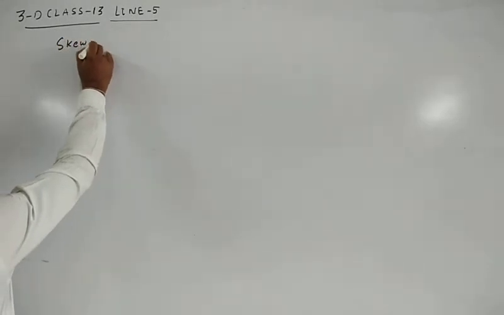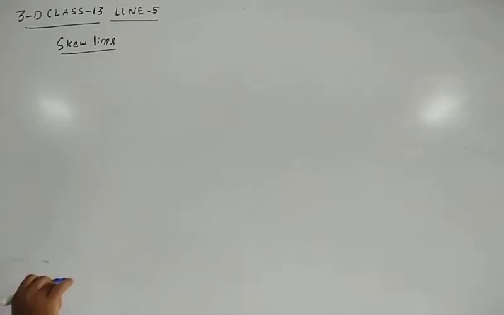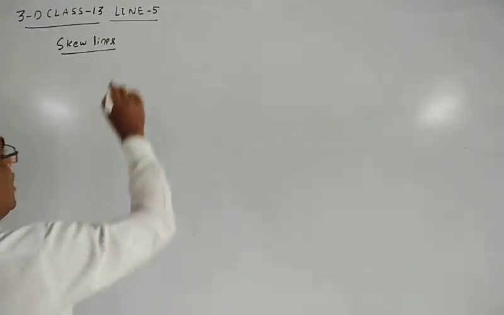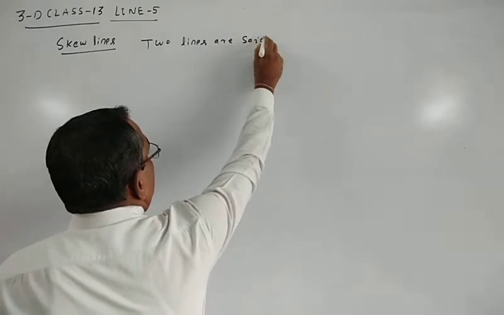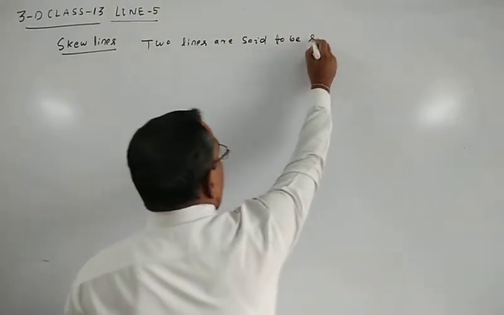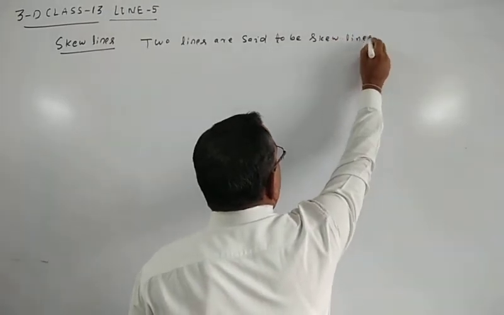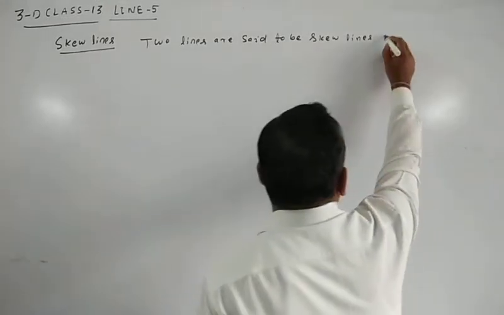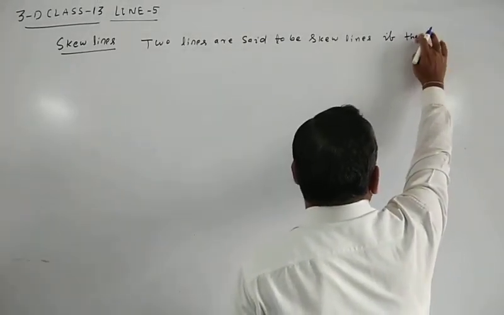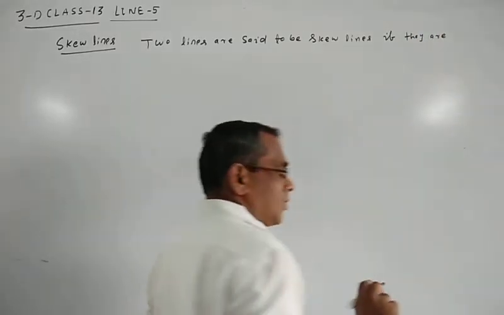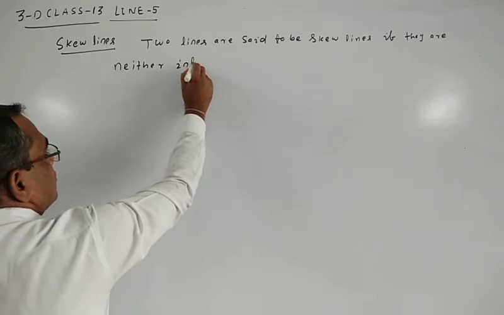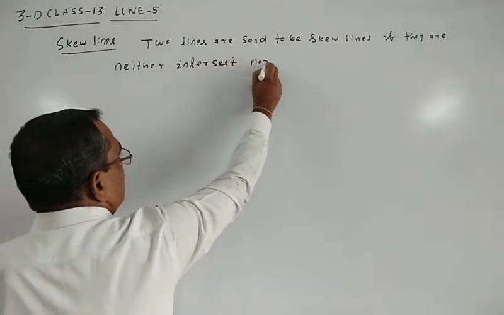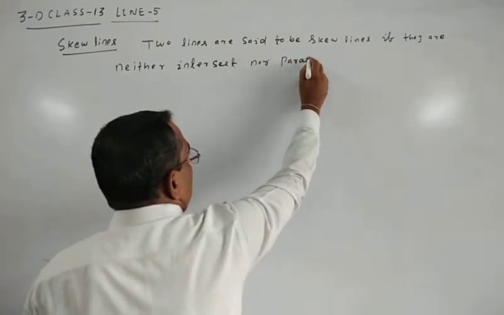So, skew lines. Two lines are said to be skew lines if they neither intersect nor parallel.